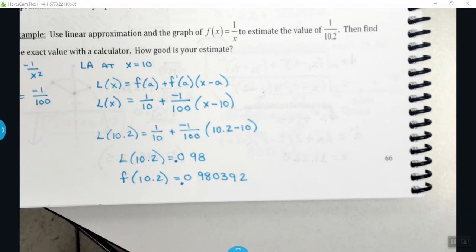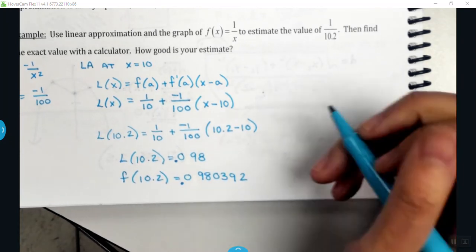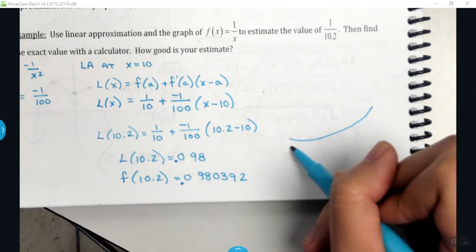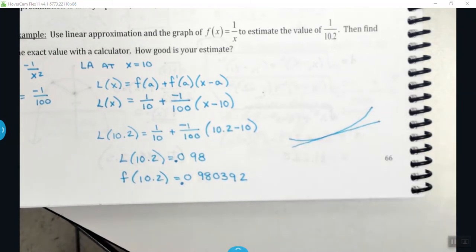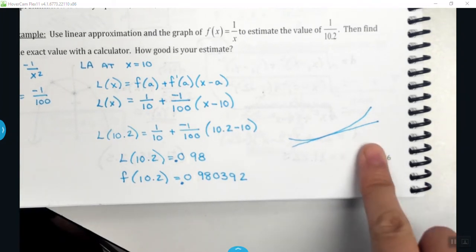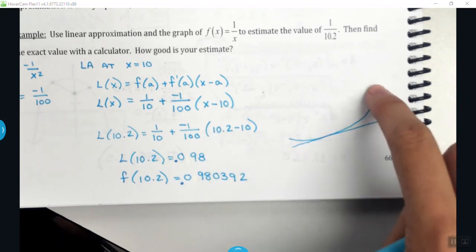Remember that if our original function is above our linear approximation, then our tangent line lies below, and if our tangent line lies below, then our curve is concave up.